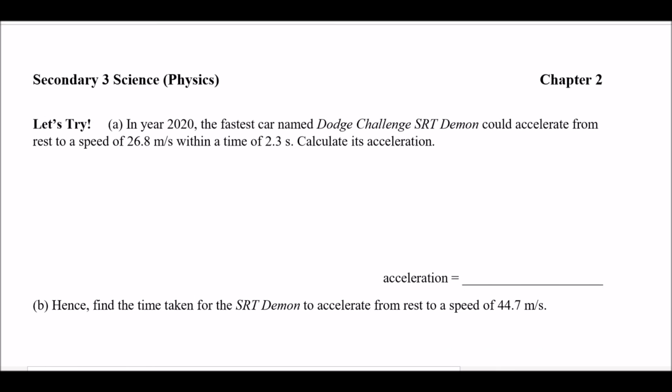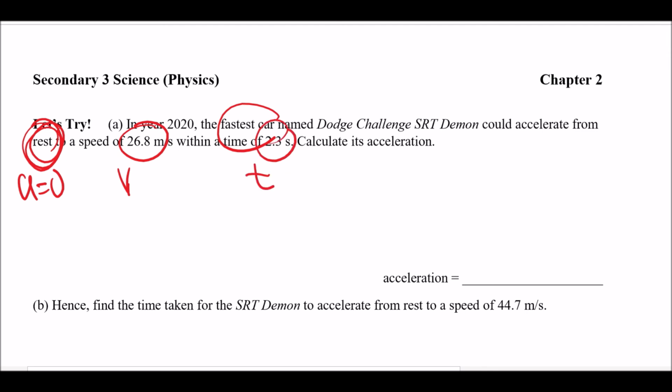Okay, now this one is a real life application question. Okay, in 2020 I googled. If you disagree with me, if you are a sports car fan, I'm sorry, I googled this information. Okay, the fastest car could accelerate from rest. From rest. This tells me that U is 0. Okay, to a speed of 26.8. That is the V. Within the time of 2.3. Okay, calculate the acceleration.